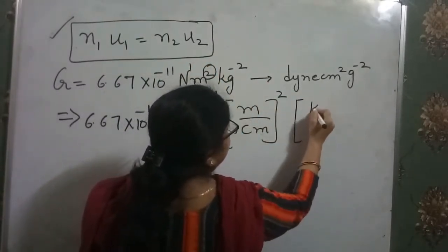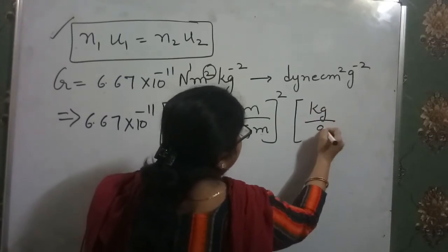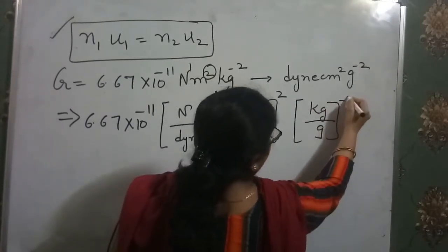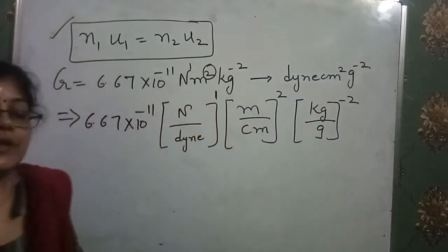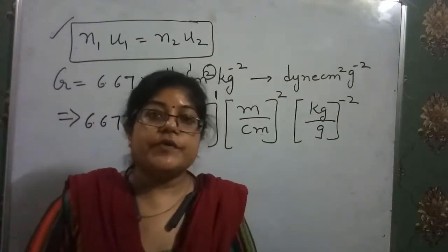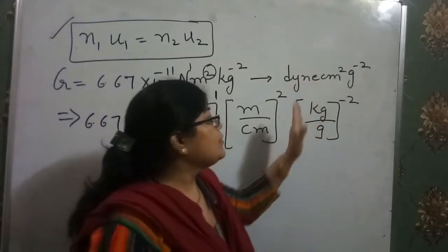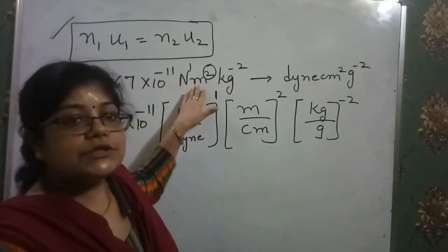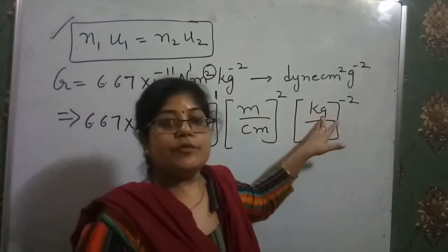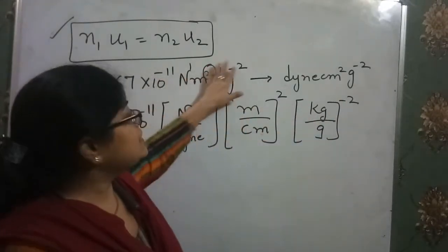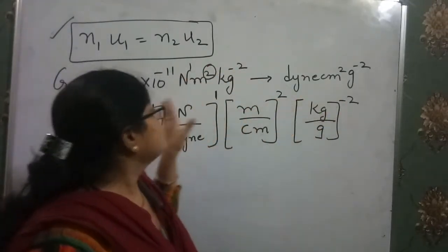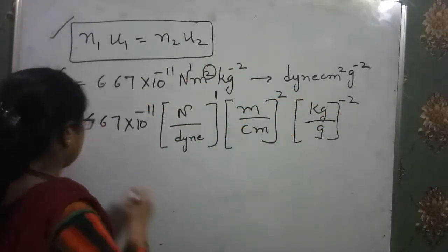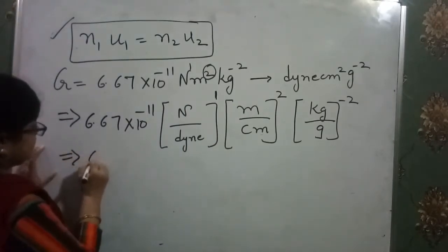Now kilogram over gram, here the power we have -2. That means the unit in which we have to convert, put that unit in the denominator, and the unit in which we have the question, put that unit in the numerator, and the powers you should keep as they are. Okay. Now how will we solve that?